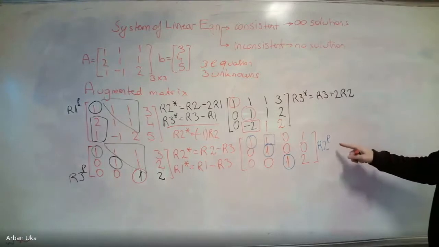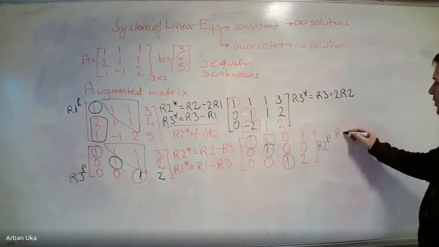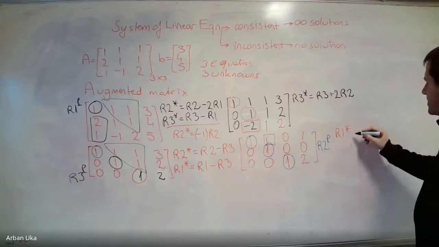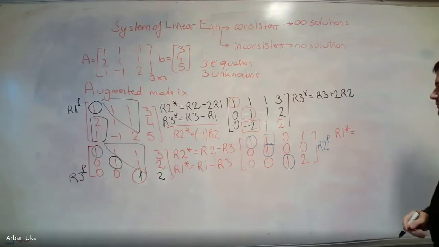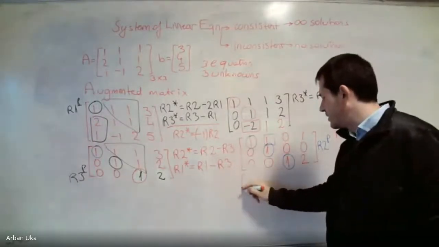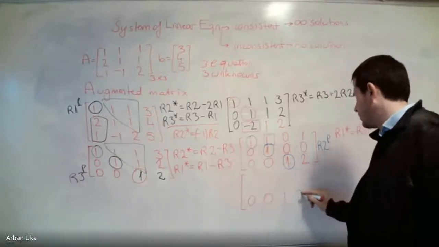So this becomes a pivot, and if this is a pivot, what is the equation we have to write down? We have row 1 star, because this is where we want to produce some zeros, equal to what? Can you help me with this one? Row 1 minus row 2. That's correct. Let's do this here. Row 3 is 0, 0, 1, 2.